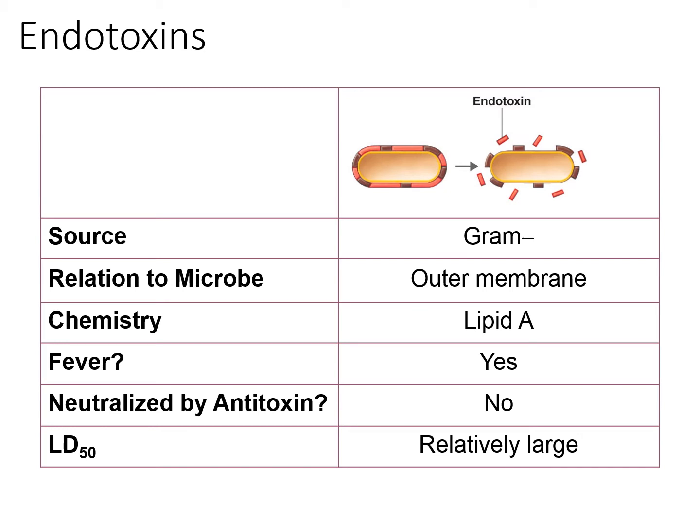Your endotoxins cannot be denatured, so we can't make toxoids, which means we can't make antitoxins to the lipid A. So there is no antitoxin for these endotoxins. And as far as an LD50 is concerned, you need a lot of endotoxin to actually cause disease and death. So that's a difference between the endotoxins versus the exotoxins.